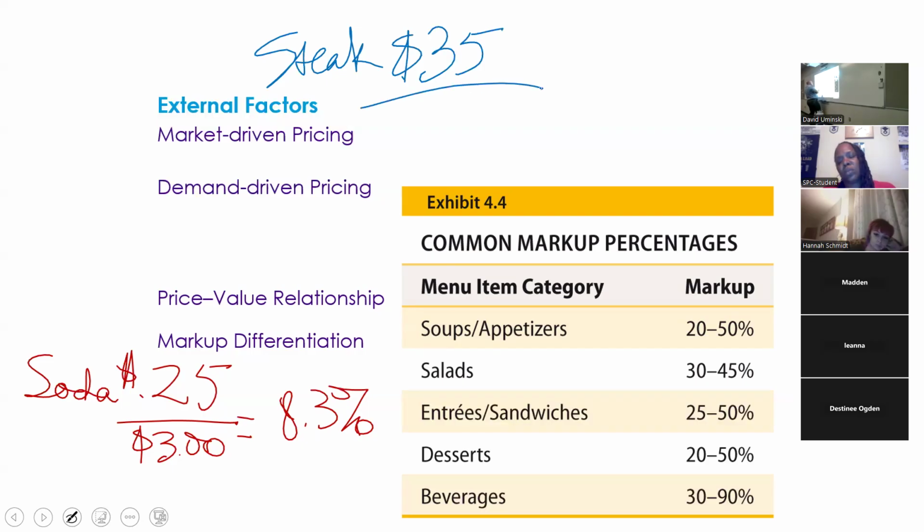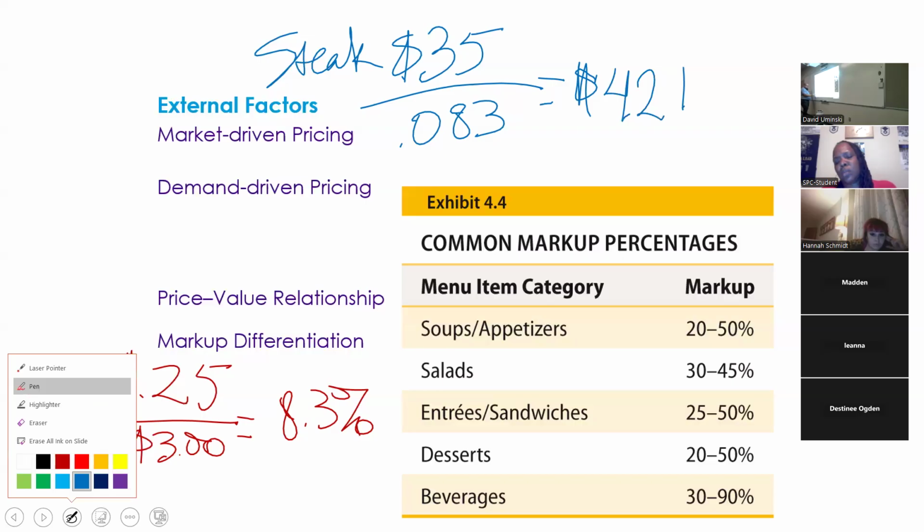If I apply that same percentage, this 8%, what is my suggested selling price for a steak with an 8.3% food cost? $421. Do you know anybody that's probably willing to pay $420 for a steak? No.